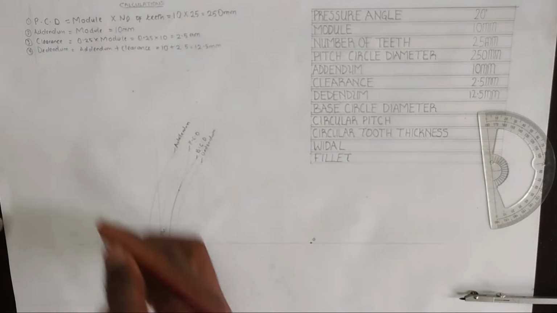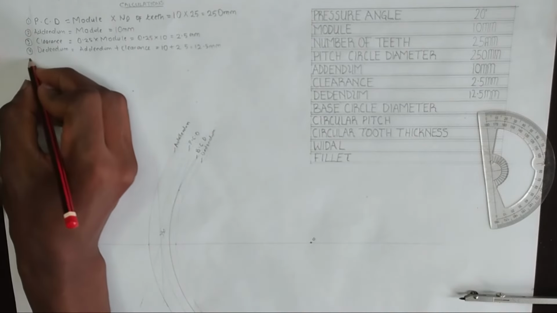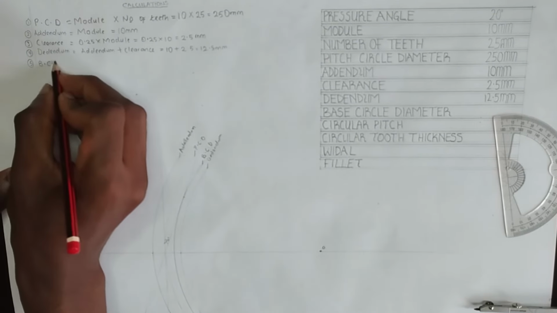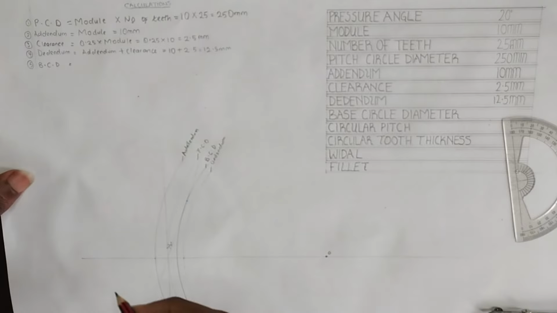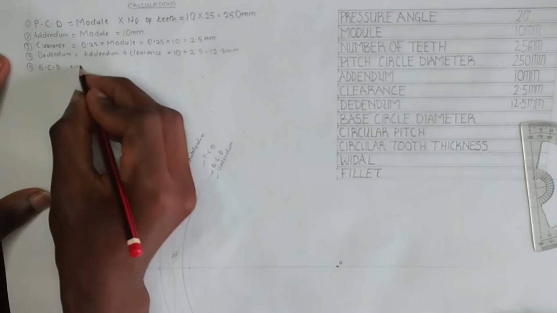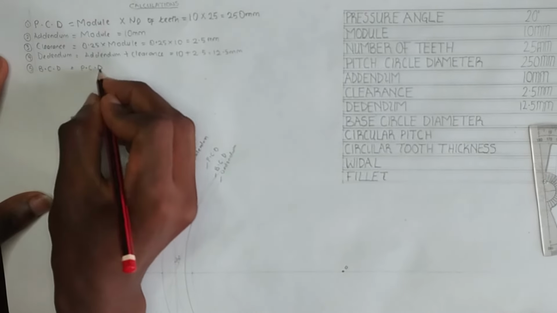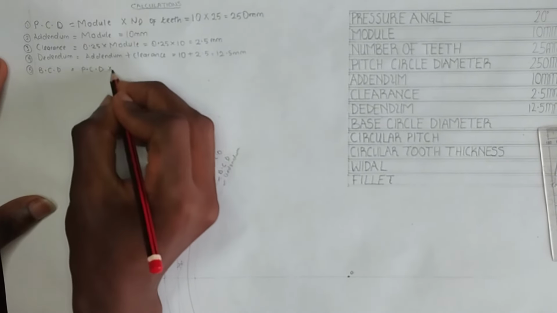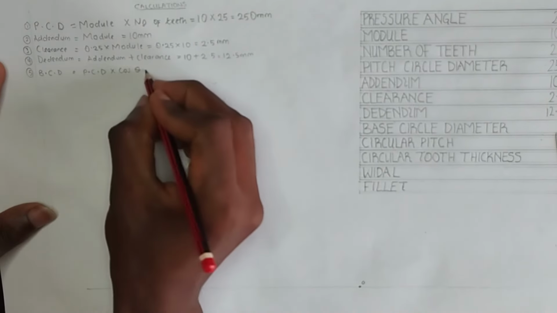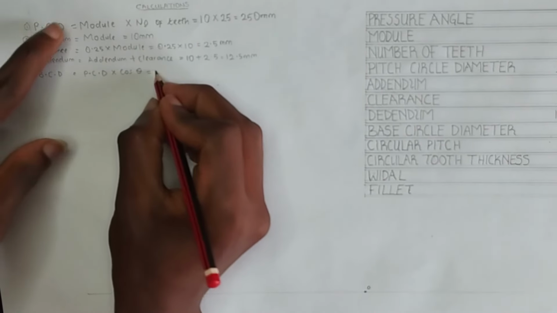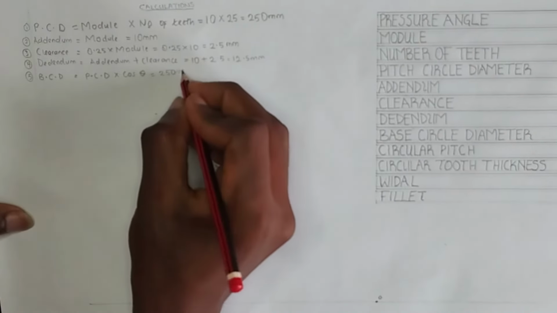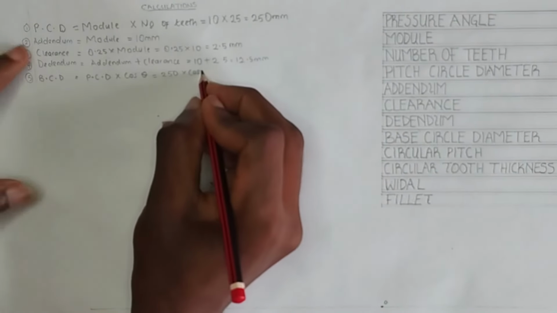Another method you can use is by using the formula. This is base circle diameter. We have been given a formula of base circle diameter to be our PCD times cos theta. And what have we been given as our PCD? Our PCD is 250 times cos theta. What is our theta?